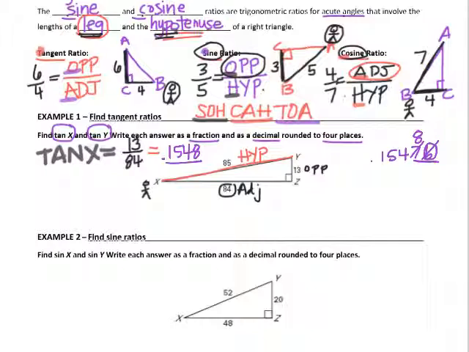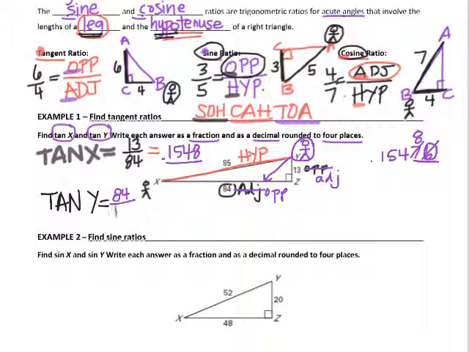So the next thing we're going to do is tangent Y. Remember, if you are standing at the angle that they're asking you about, the tangent is the opposite side over the adjacent side. So now 84 becomes the opposite side because it's across from Y. And the number 13 becomes the adjacent side.